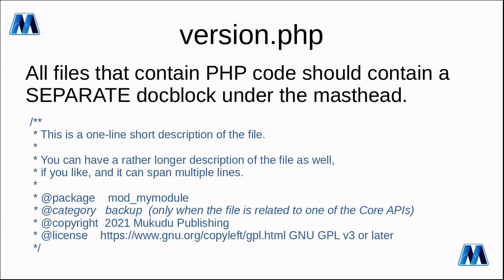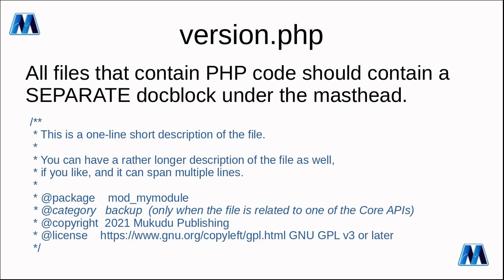On top of that, each code file should have a PHP doc block underneath the masthead that describes the file and what it does, as well as defining some tags that are required, and the PHP doc tool will pick up if you don't specify these.